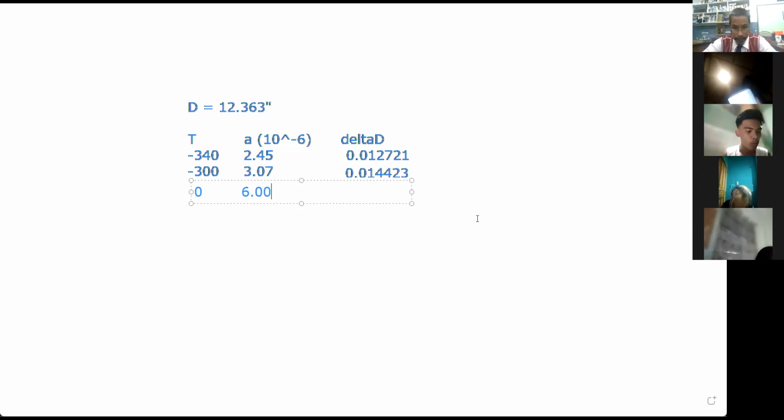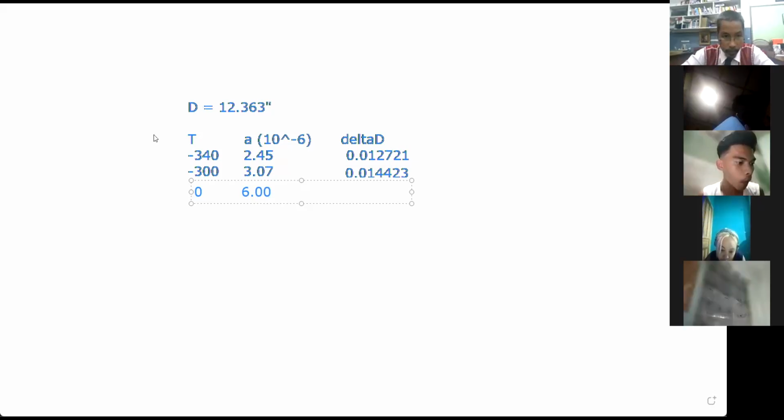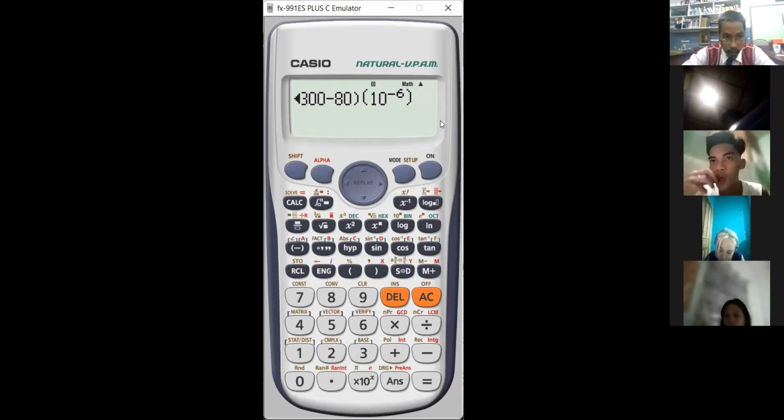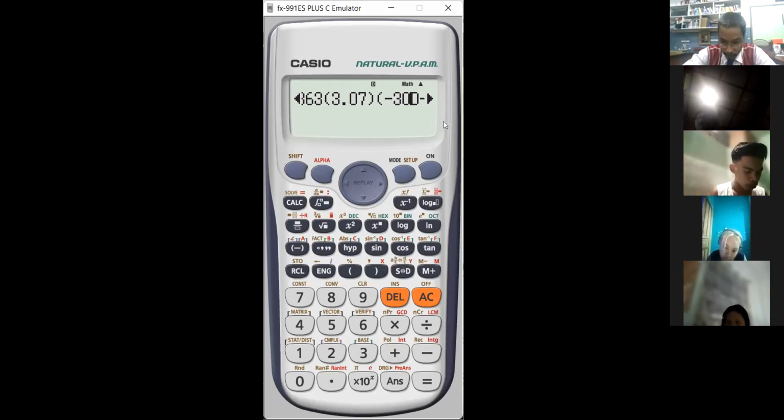For delta. Okay, let us go back to the calculator. Just press return and we will use the same formula. We will just locate the temperature, which is this one, negative 300, and change it to 0.